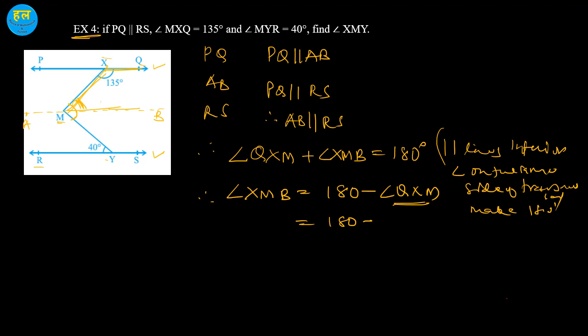QXM or MXQ is the same thing. It is 135 degrees. Therefore, angle XMB is equal to 45 degrees, right?